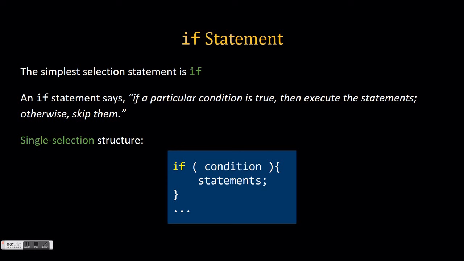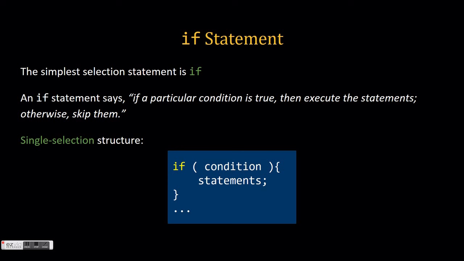And then you have the statements, the sequence of code that you want to execute if the condition is true, enclosed within curly brackets. And again, we saw with functions, these curly brackets allow you to determine the scope, or to create blocks within your program, for the different code that you want to execute.